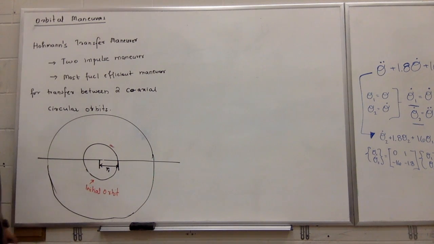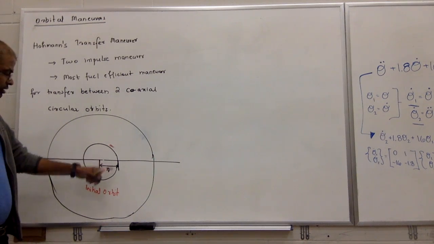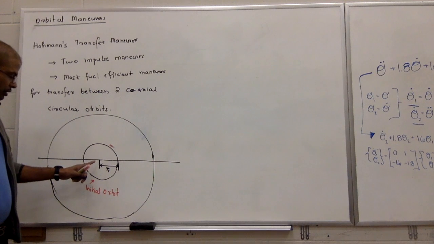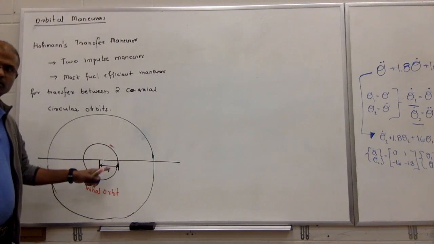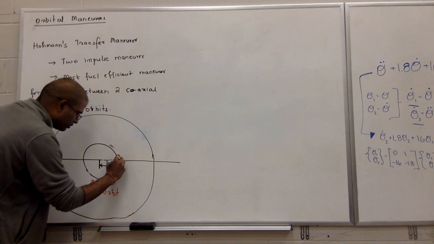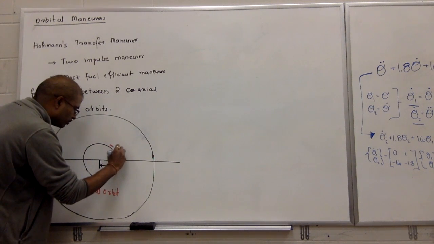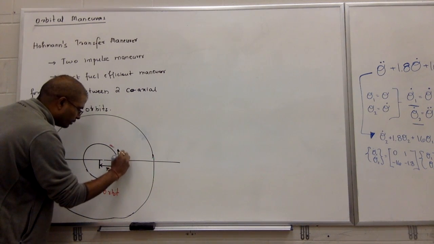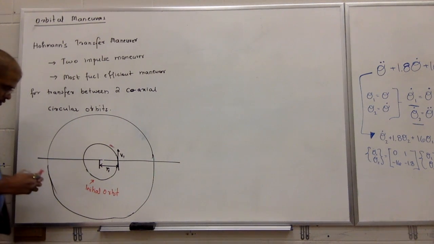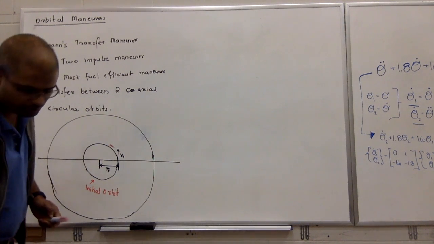Does that make sense? So R1 is the radius of the first initial orbit. Okay. So here, this is, let's say, V1. Does that make sense? I'm going to do the first orbital maneuver.